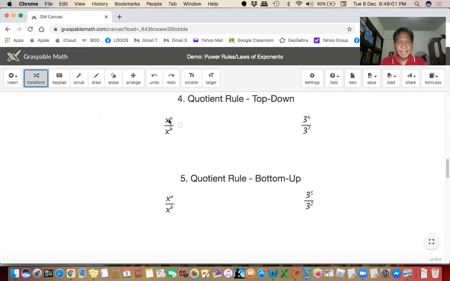All right. Let's see what happens for top-down. I'm going to drag what's on top to the bottom and observe what happens. All right.